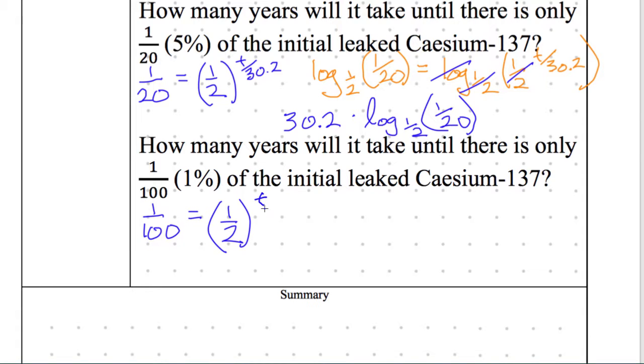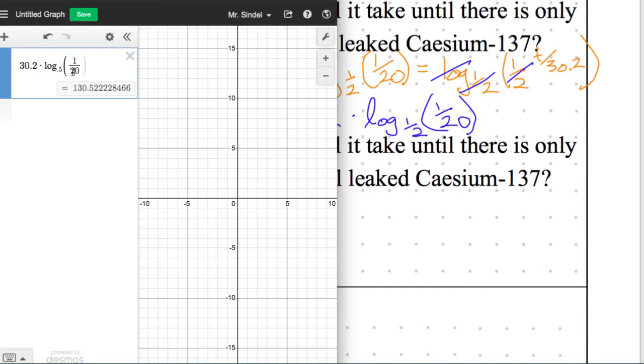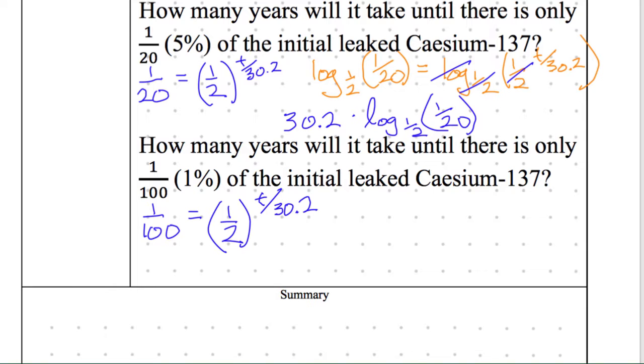T over 30.2. Exactly. So the only thing that's going to change is the 1/100. I'm going to change this 20 to a 100, and we'll see that in order to have only 1%, I'm going to have to wait over 200 years for only 1% of cesium-137 to be left behind, which is a long time. That's multiple generations of people. The end.